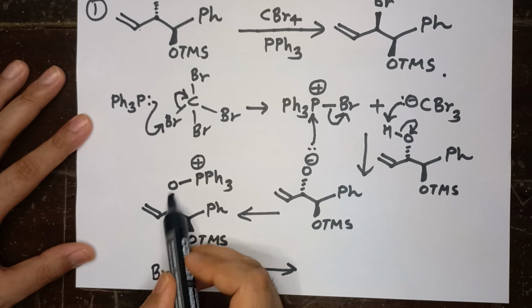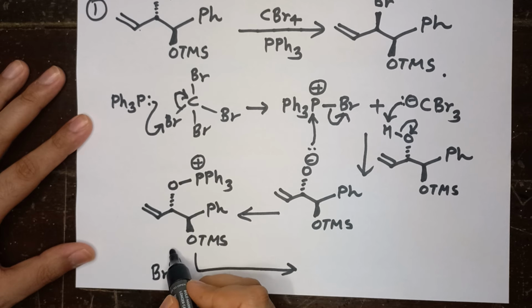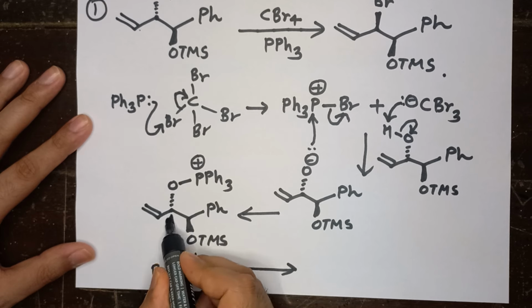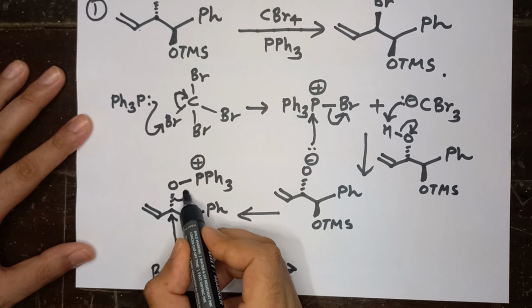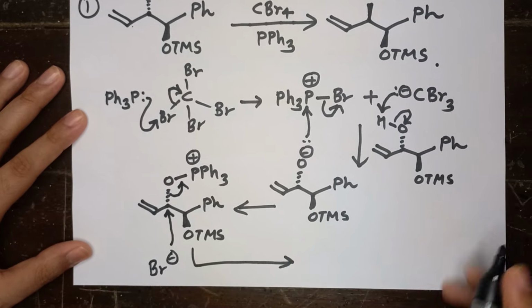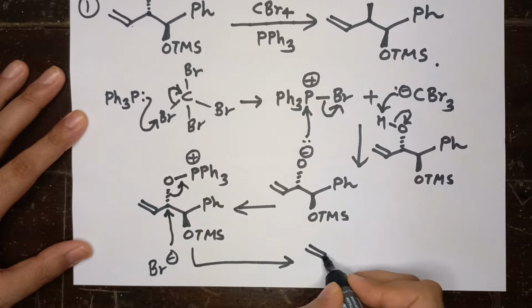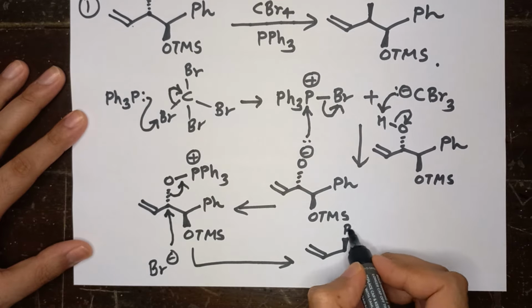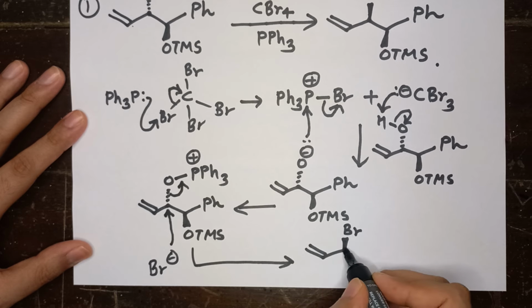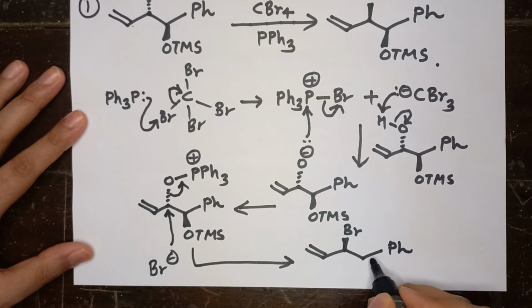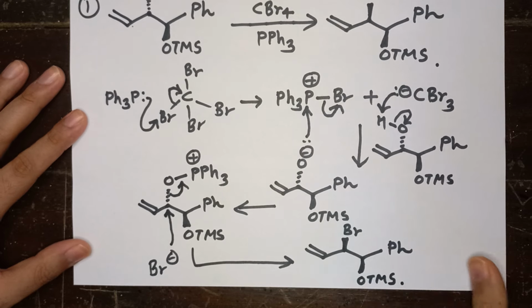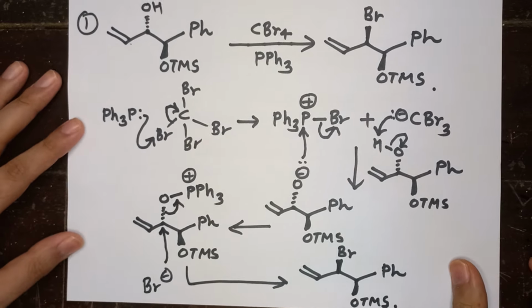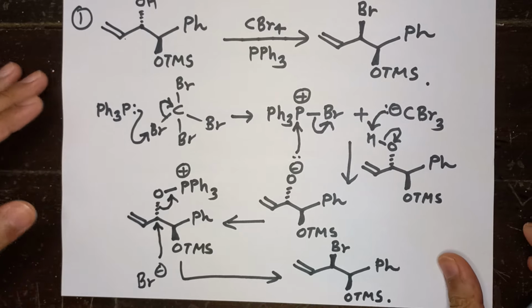So this group is present below the plane, so it will attack above the plane. And this bond will form a double bond here, and this is how you get the product. So we changed the stereochemistry from below the plane to above the plane and converted OH into Br, and the rest will be the same. So this is the product and the mechanism for this particular reaction.